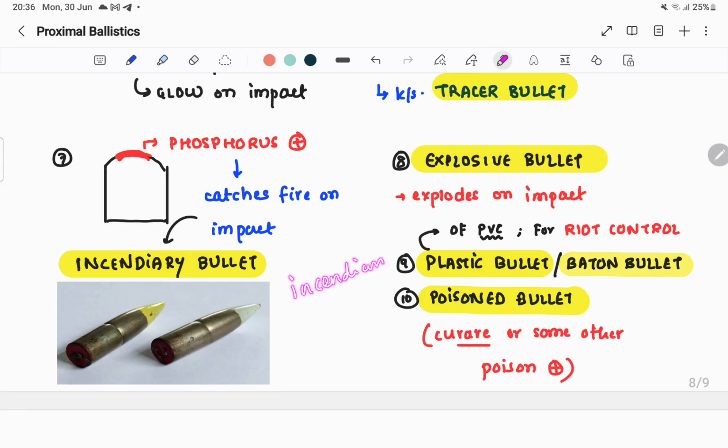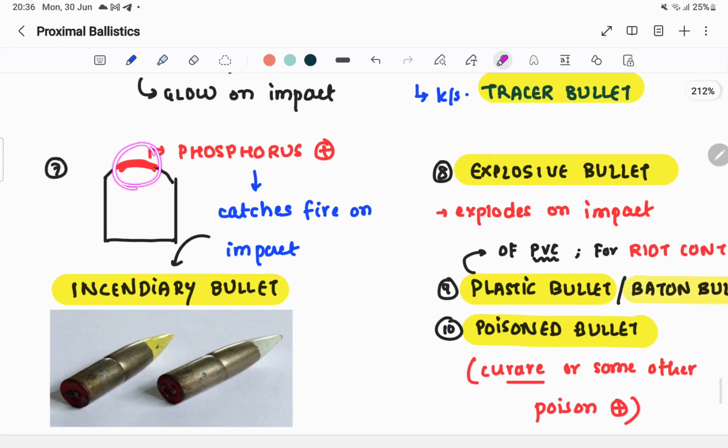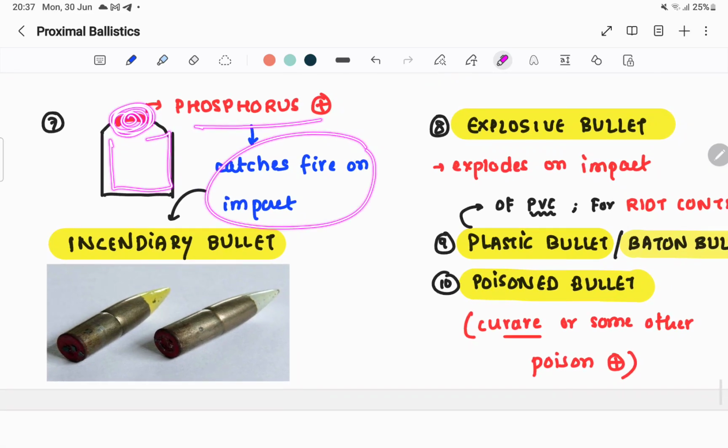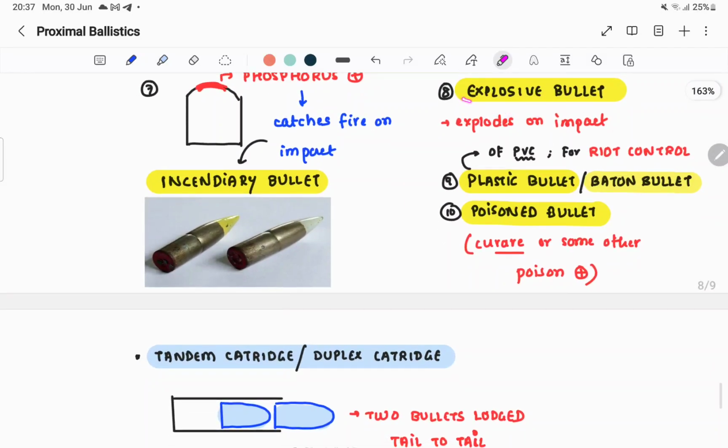Incendiary means it will catch fire. Phosphorus is present, like on the tips of matchsticks, so the bullet catches fire on impact. The explosive bullet explodes on impact.